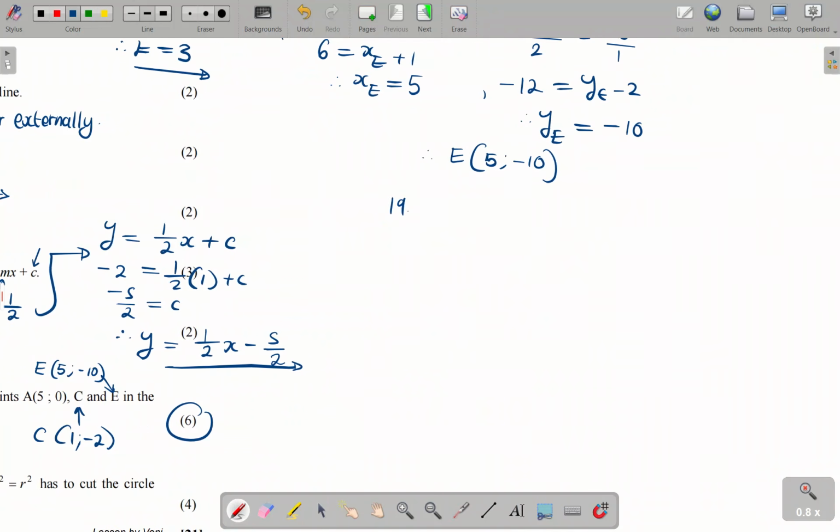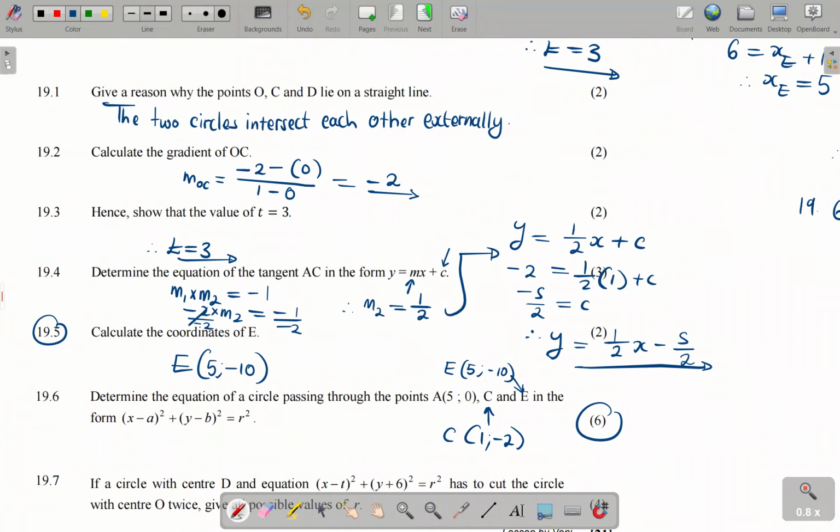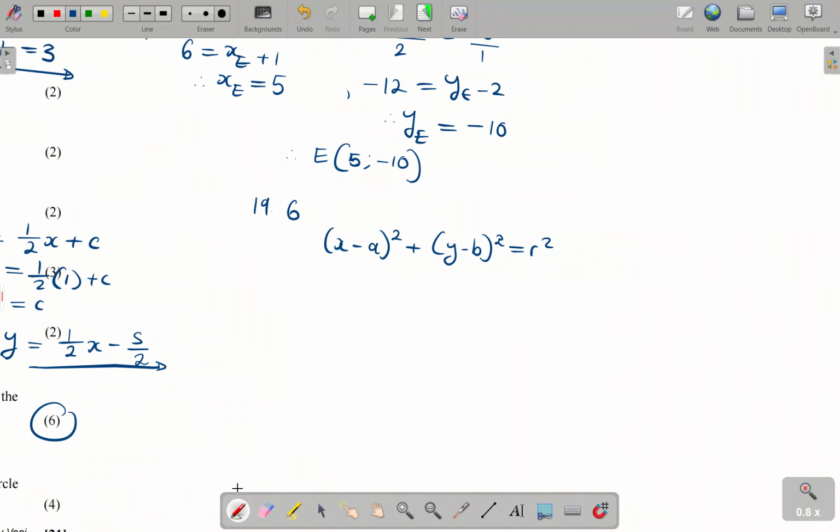So we have (x minus a) squared plus (y minus b) squared, which equals r squared. Yes, let me fix that. Y minus b, and then squared, equals r squared. So this is what we have, guys.